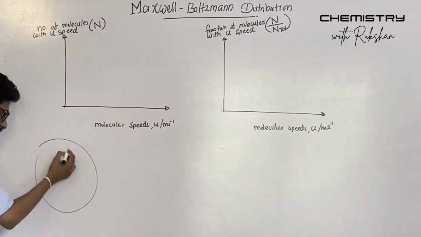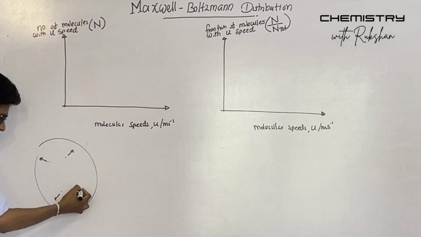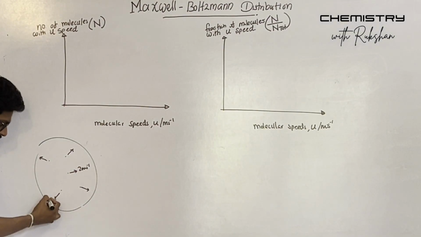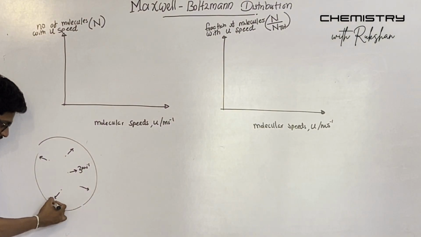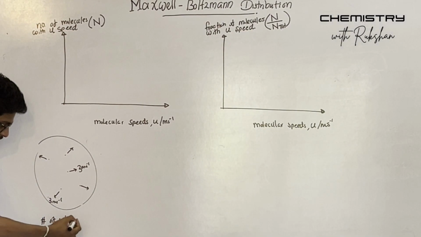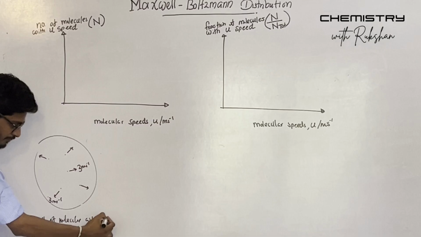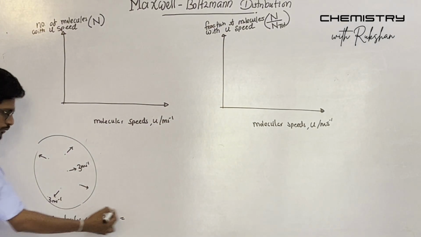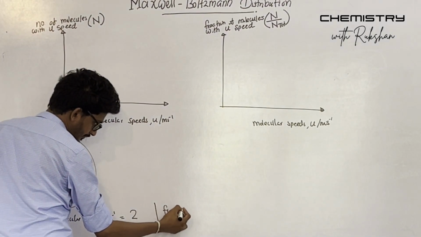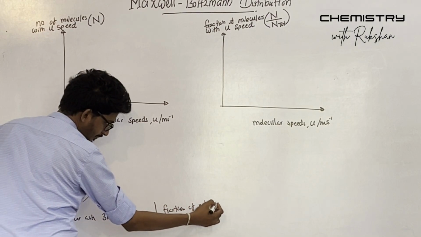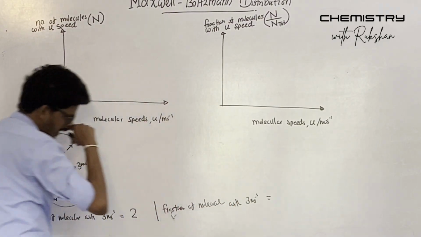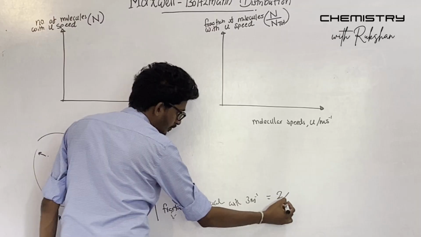So you have a gaseous system with 5 molecules, and 2 of them are traveling with 3 ms^-1. So the number of molecules with 3 ms^-1 speed is 2, but the fraction of molecules with 3 ms^-1 is 2 out of 5.